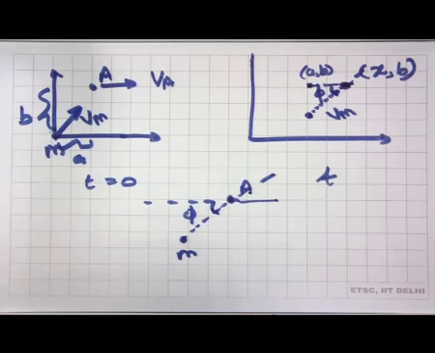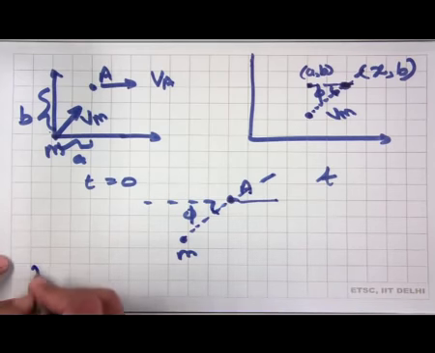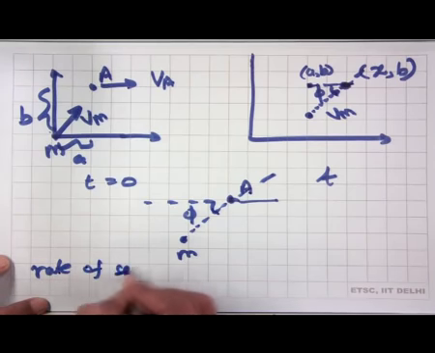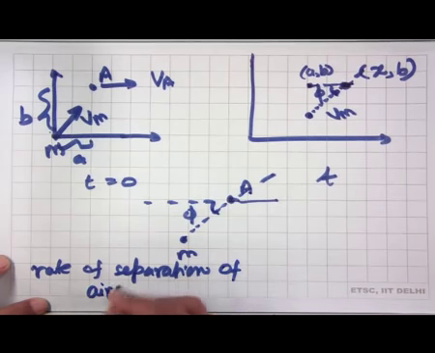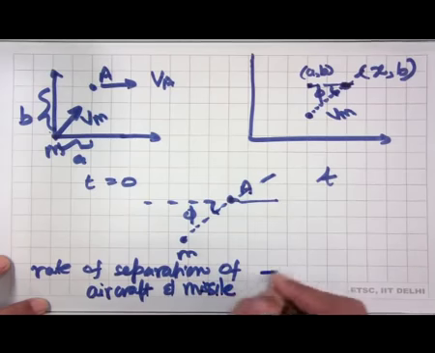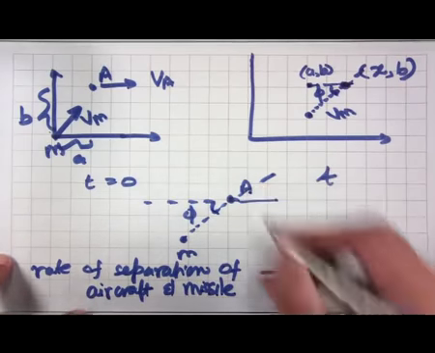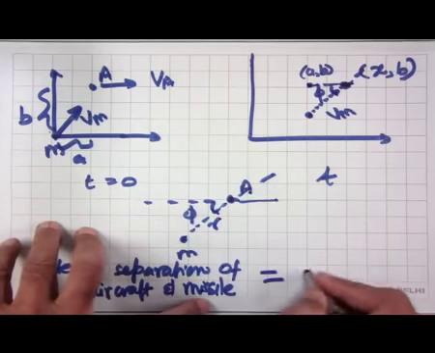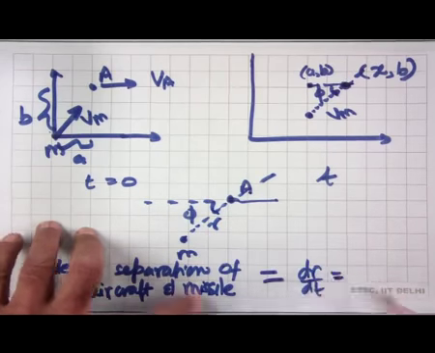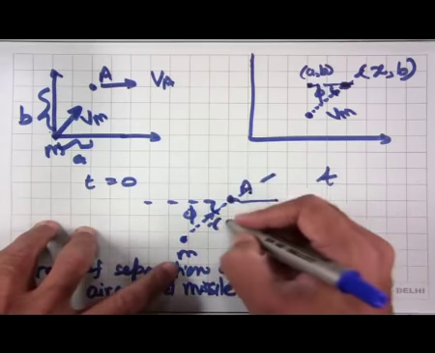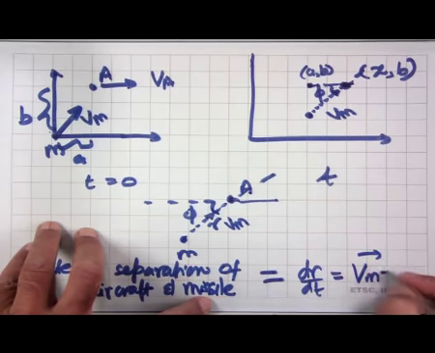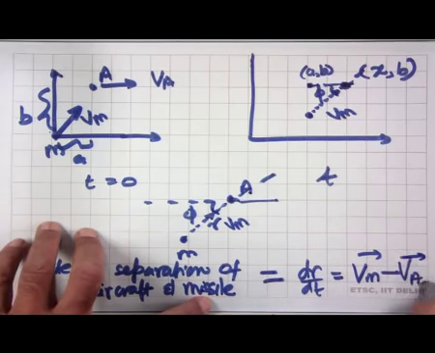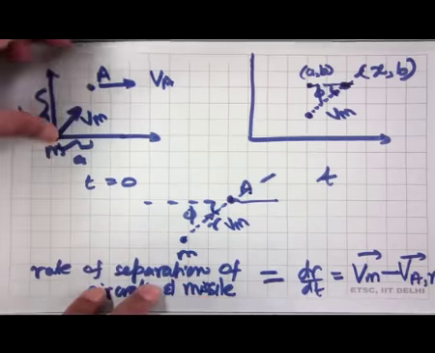So, therefore, what we find is the rate of separation of aircraft and missile. If I am calling this separation r, then the magnitude of dr by dt will be equal to the velocity of the missile minus the velocity of the aircraft in the r direction.